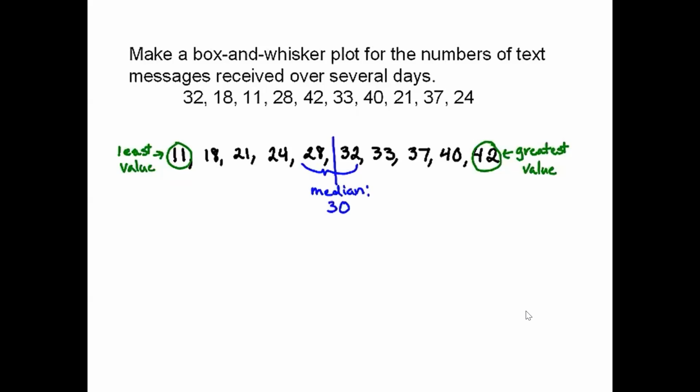The median divides the data into 2 parts. We have the lower half and the upper half. In the lower half, we can find the first quartile by finding the median of the lower half.